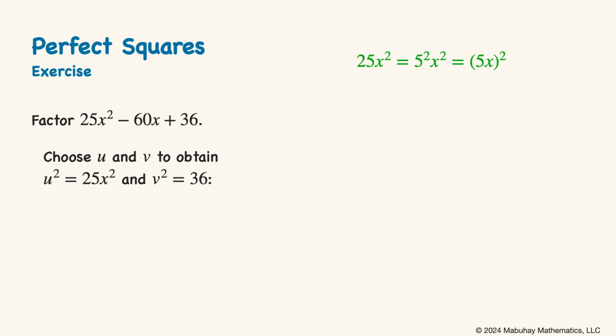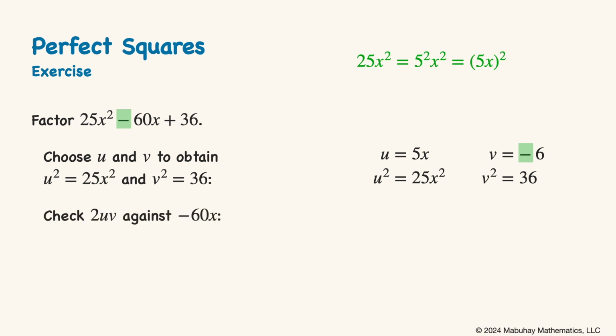6 squared is 36, but we also want to align the sign of v with the sign of the middle term. So we'll take v equals negative 6. Squaring both of these as a sanity check, we get back 25x squared and 36. Good so far. Next, we check against the middle term. 2uv is 2 times 5x times negative 6.